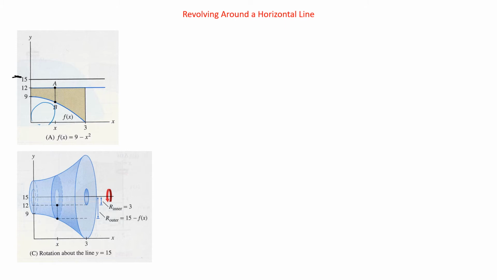Y is this distance underneath. It's what's left to get to 15. So that radius is going to be 15 minus y. So the big radius is 15 minus y, which we'll have to square.